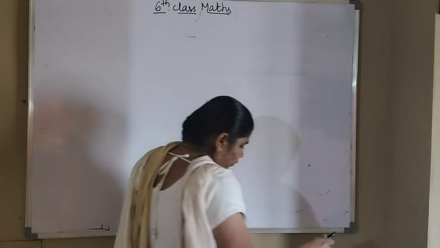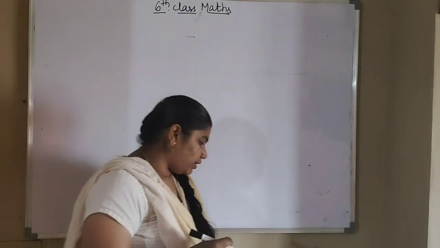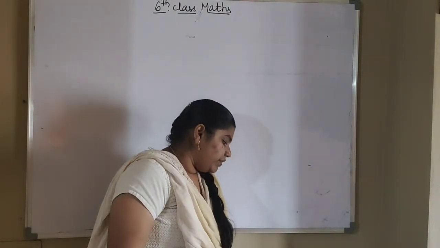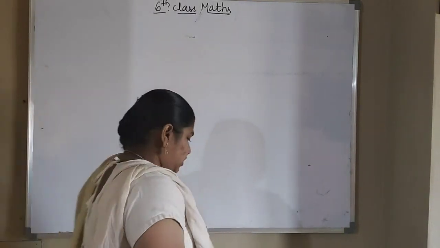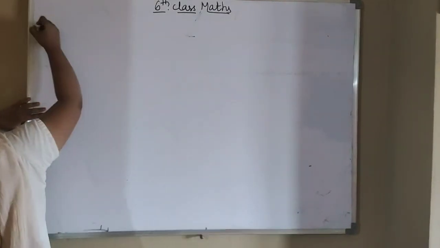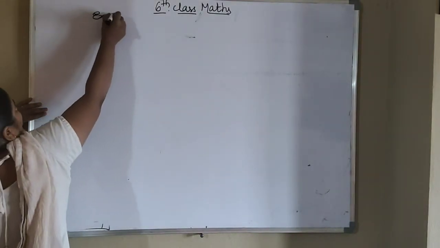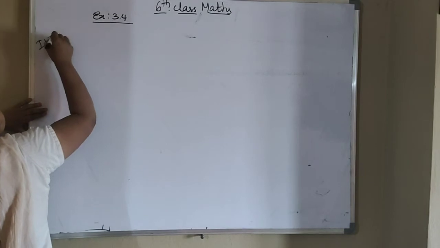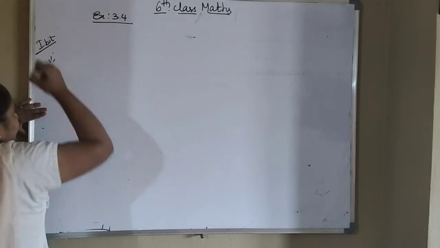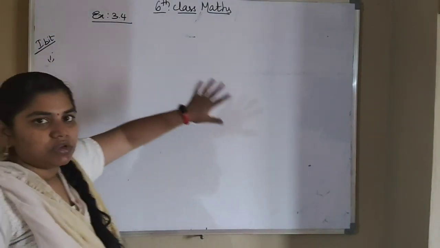Find the HCF of the following numbers by using prime factorization and continued division method. So by using the two methods, we have to find the HCF value. First bit we are doing. In the first bit, first one. So we have to use two methods.